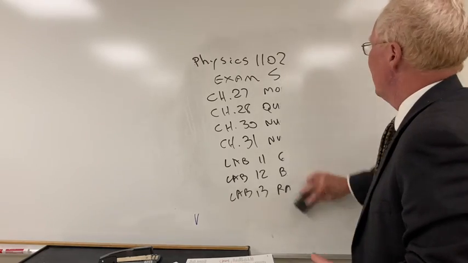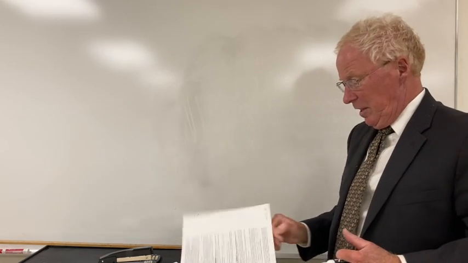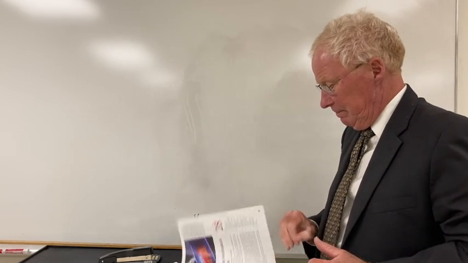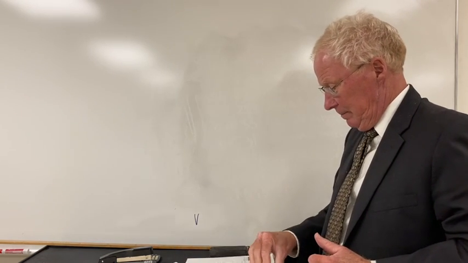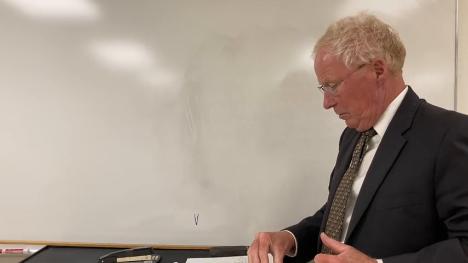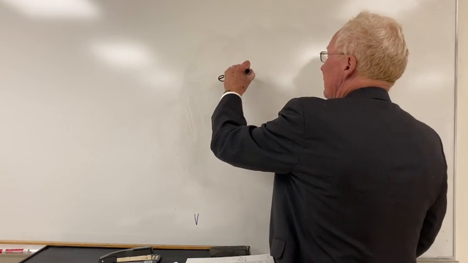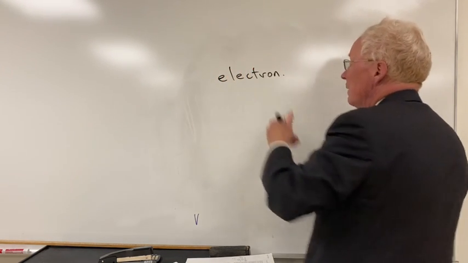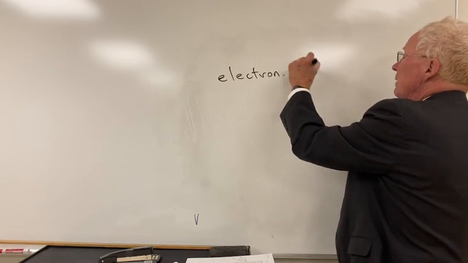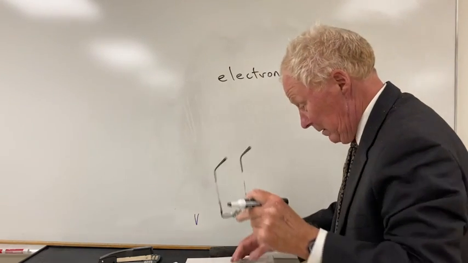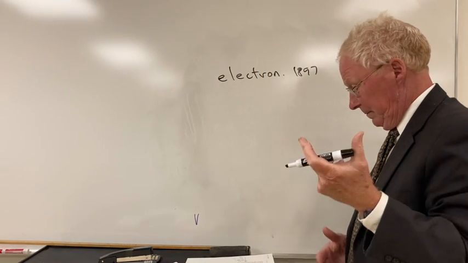Okay, so, moving on here. Let's look at chapter 27. All right, we've been through all this, so we'll just go through the electron. Discovery of it was in 1897 by J.J. Thomson.